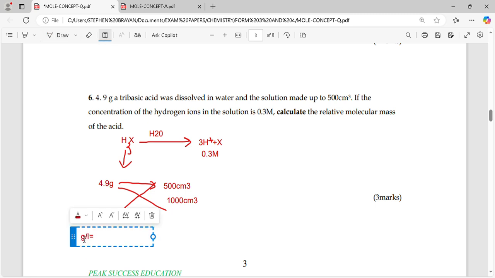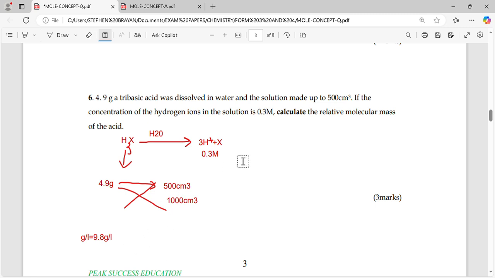If you solve this very well, learners, you're going to realize that your answer in this particular case is going to be 9.8 grams per liter.